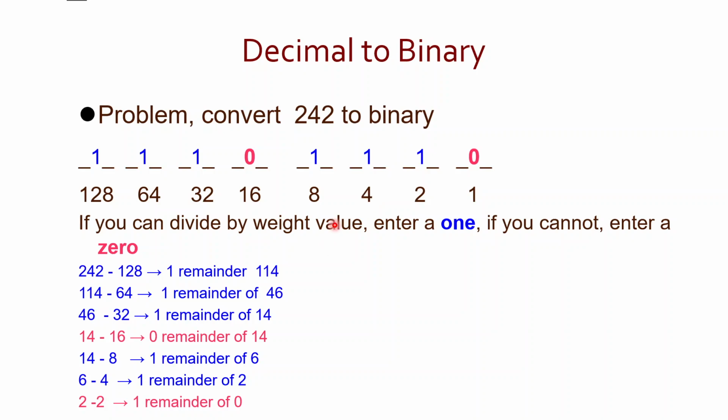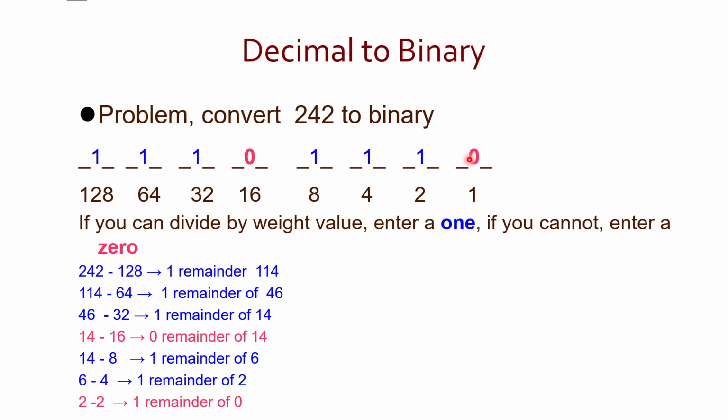So then I subtract 4 from that. That gives me positive. So that's a 1. Gives me 2 left. I have 2 minus 2. That'll give me 0, which is still considered positive. So that gets a 1. And then I've got nothing left over.